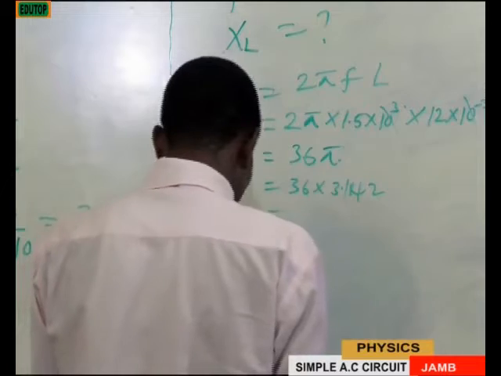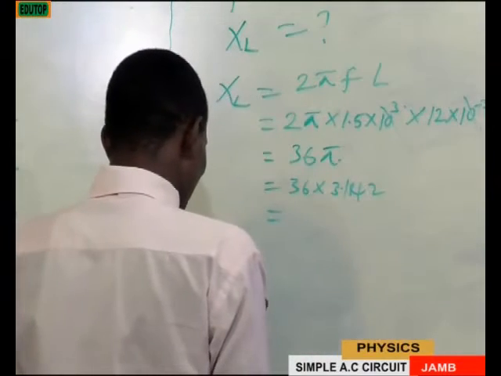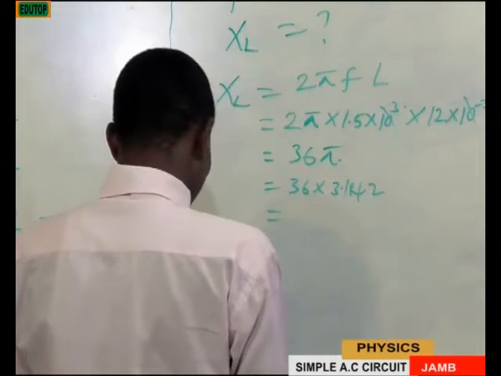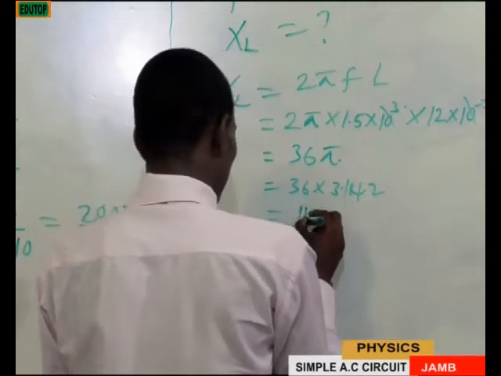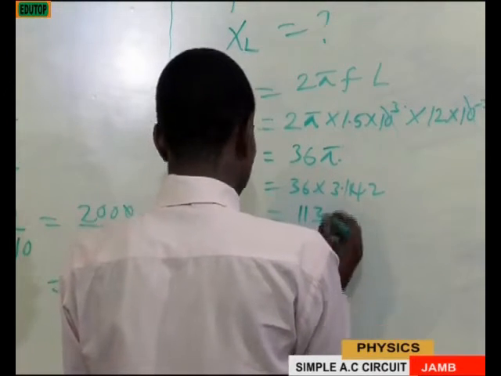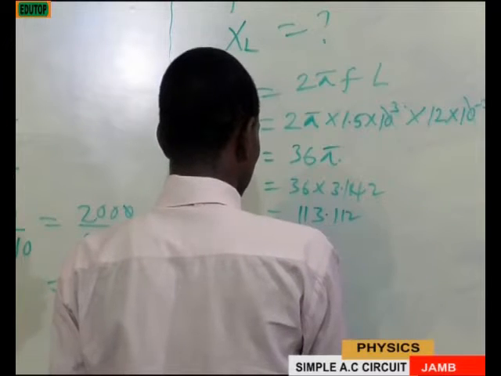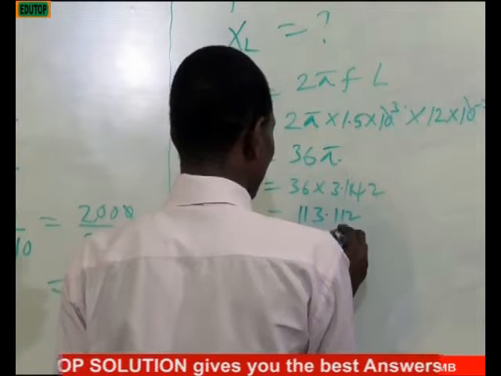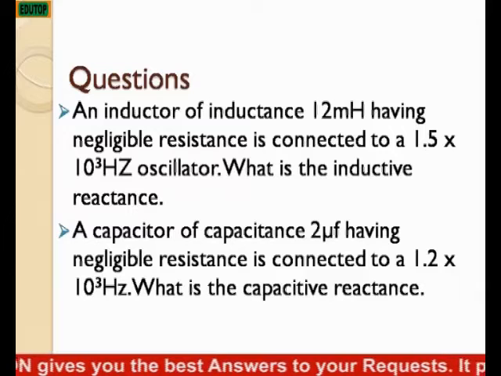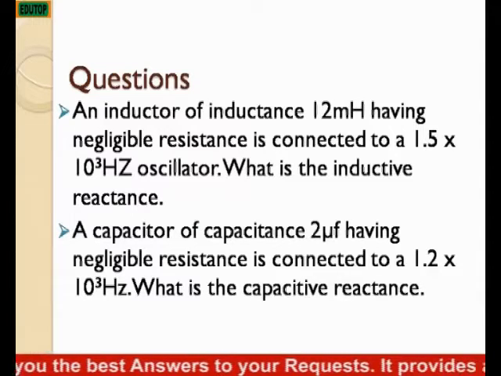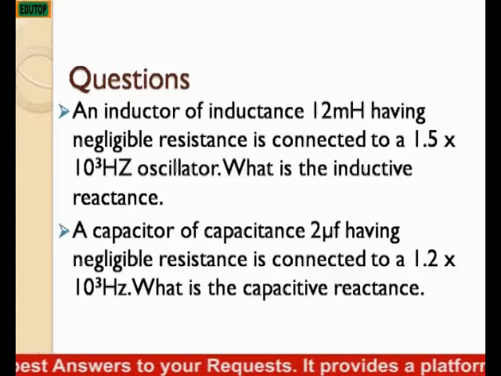If we calculate everything together, times 3.142 will give us 113.112, and simply 113.1 ohms. And that is a simple solution to that question.